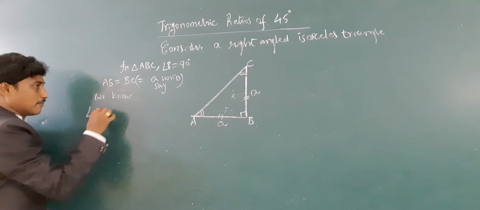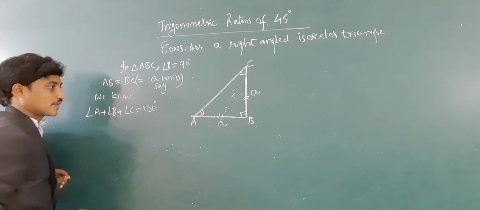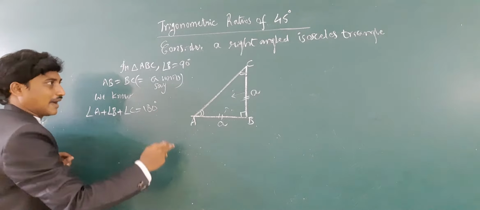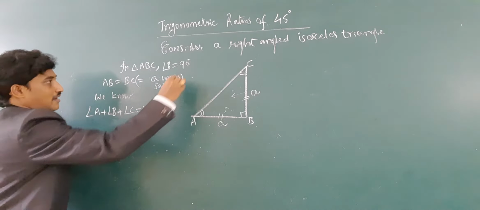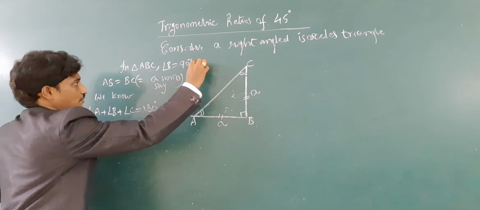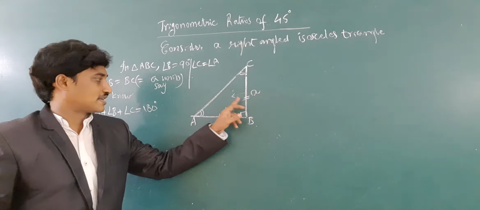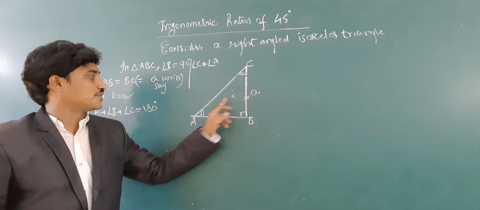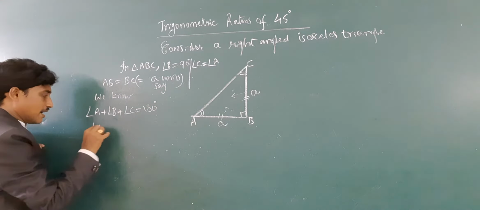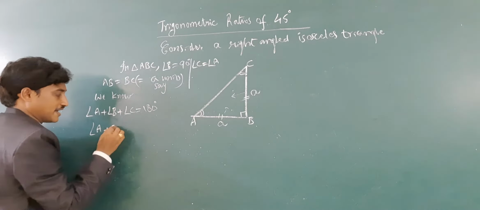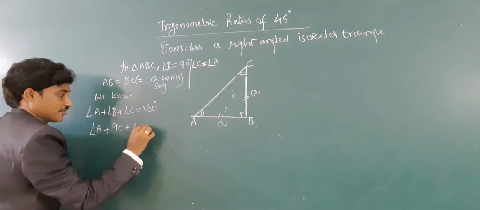Since in an isosceles triangle equal sides' opposite angles are equal, angle C is equal to angle A. So angle A plus angle B plus angle C becomes angle A plus 90 degree plus angle A equal to 180 degree.